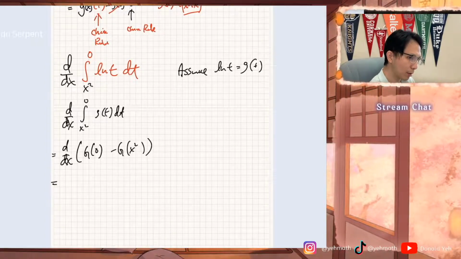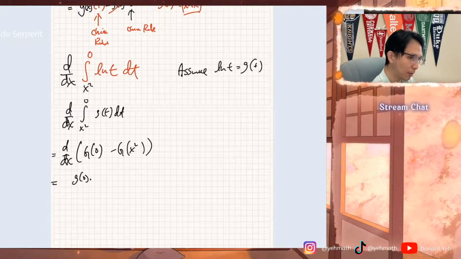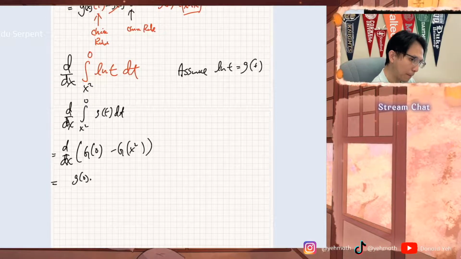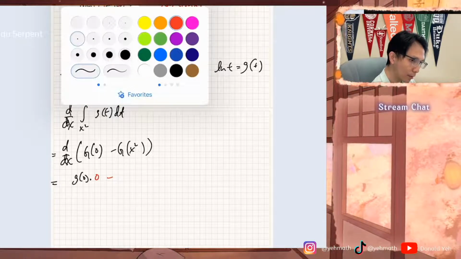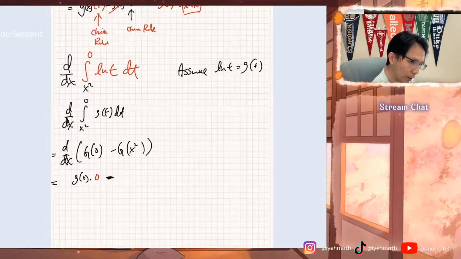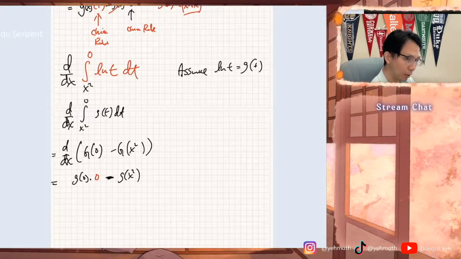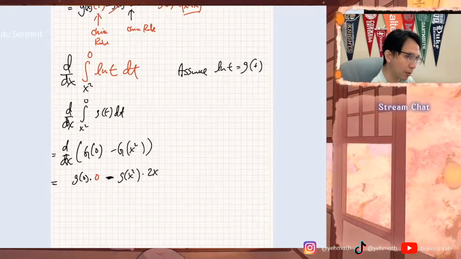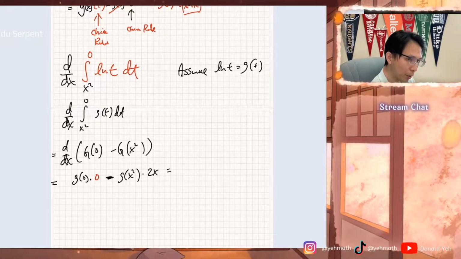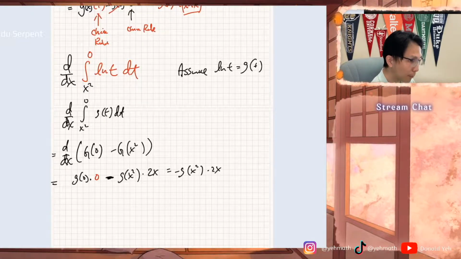The derivative is going to be g of 0 times the chain rule, which is 0, minus g of x squared times what? 2x. The derivative of x squared is 2x. So that's equal to negative g of x squared times 2x.